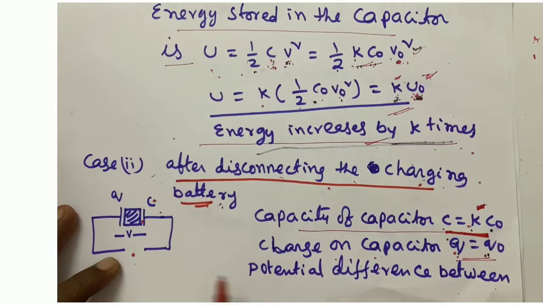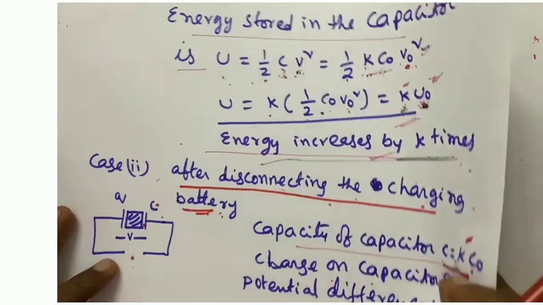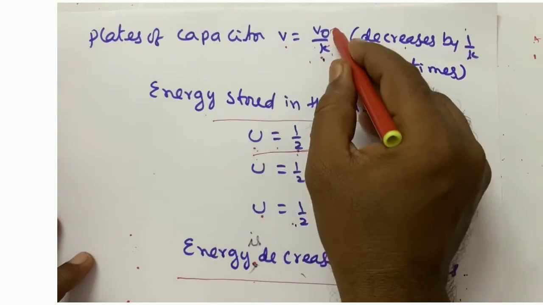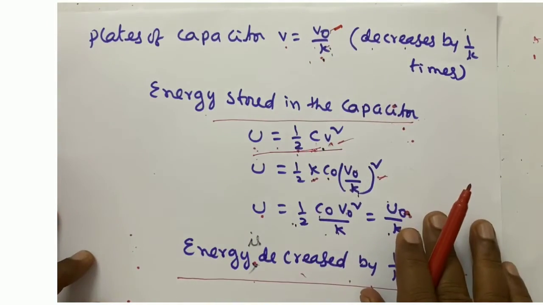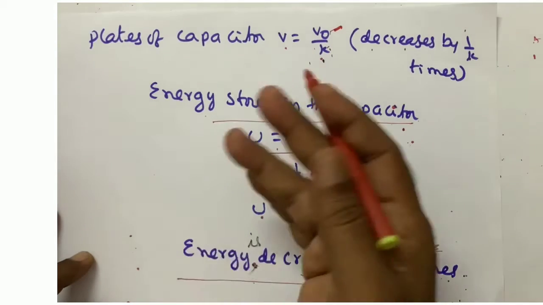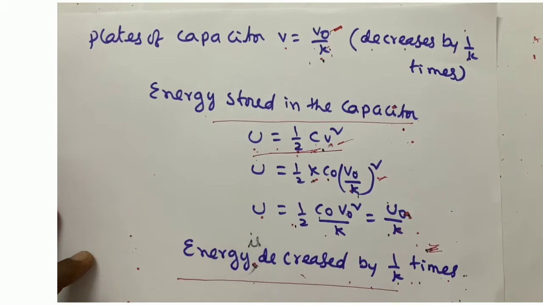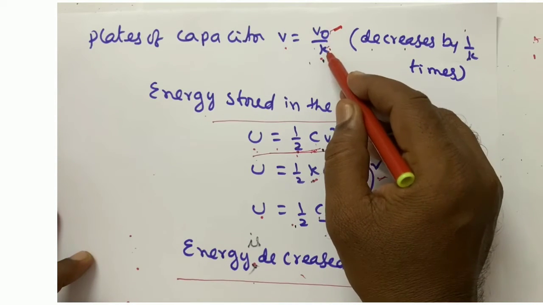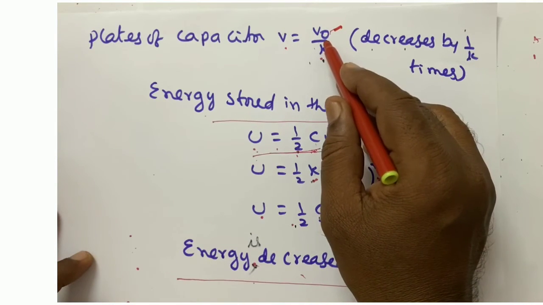Potential difference between the plates of the capacitor is V equals V0 by K. Battery is disconnected, there is no supply from outside. After inserting the dielectric, potential difference decreases by 1 by K times.